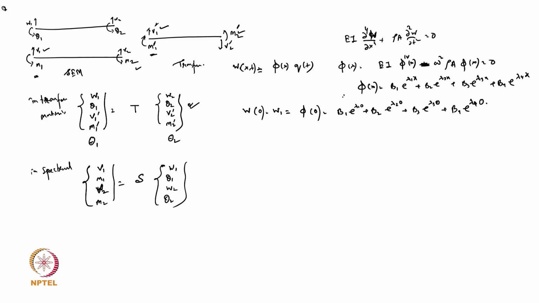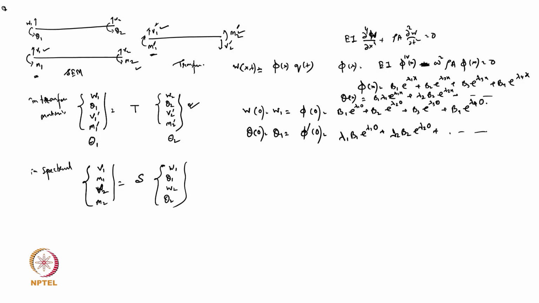And then theta x, which is the rotation, you can get as v1 lambda 1 e to the power of lambda 1 x plus lambda 2 v2 e to the power of lambda 2 x, like this way. Then theta 0 should be equal to theta 1, that is phi dash 0, so that will be lambda 1 v1 e to the power of lambda 1 0 plus lambda 2 v2 e to the power of lambda 2 0, like this way.